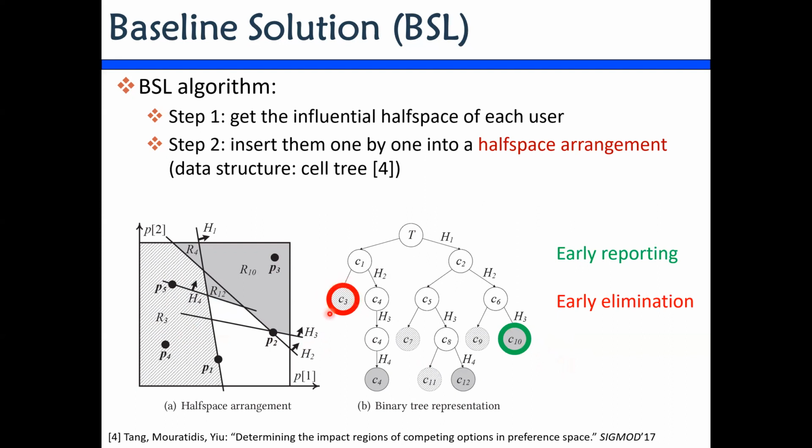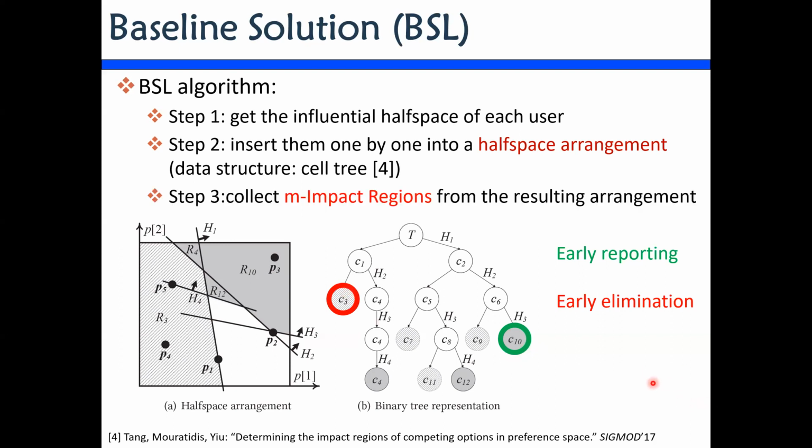In other words, we can early report some of the partitions, some of these cells, and not be bothered with them as we keep inserting more influential half spaces. So at the end of the process, all the cells that are found to be included in m half spaces are being output to our application.